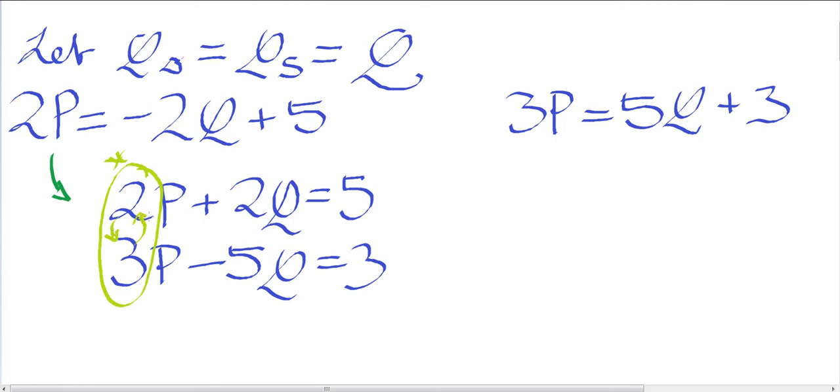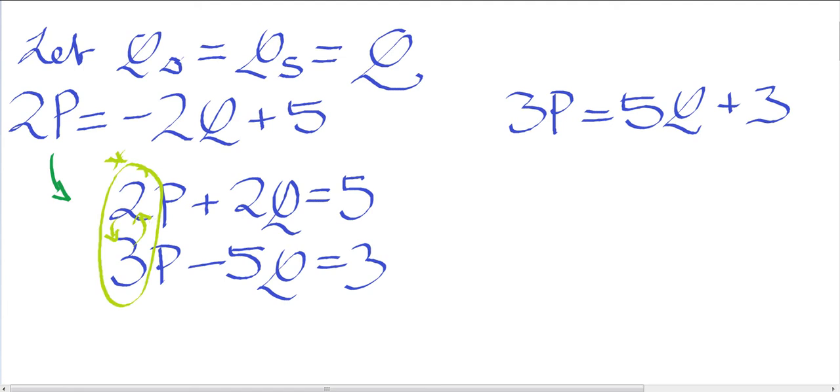I'm going to multiply the bottom equation by the top number and multiply the top equation by the bottom number. Why is that? Because 3 by 2 is the exact same thing as 2 by 3. So that'll make sure that you'll always match.